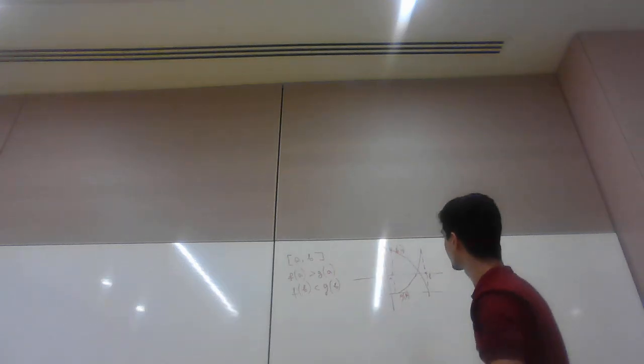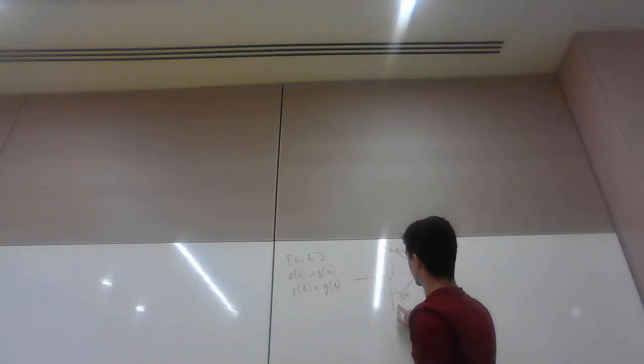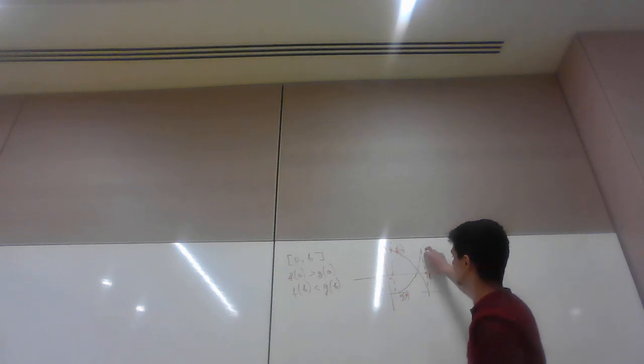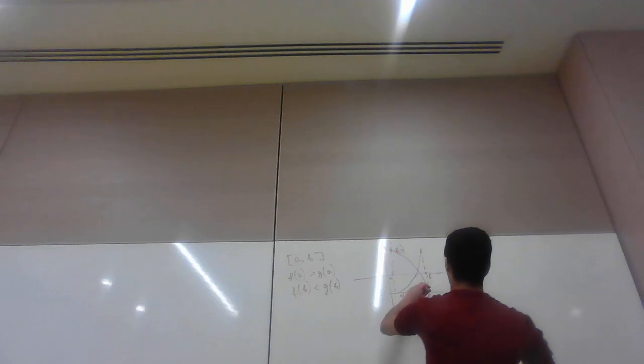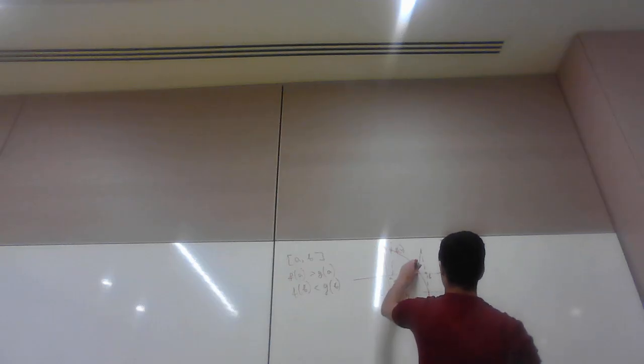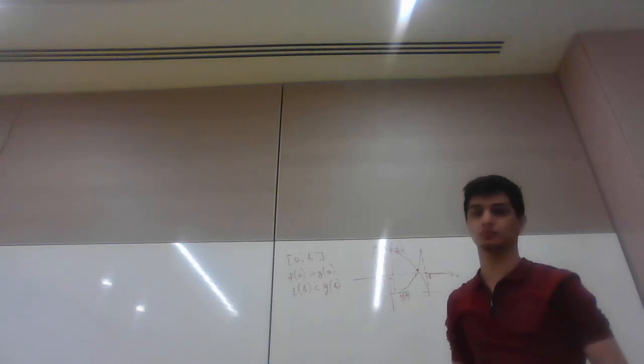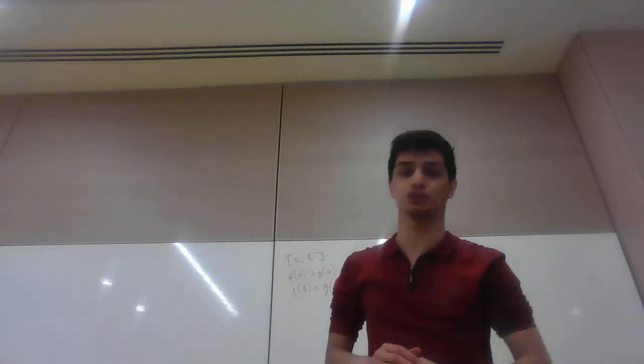As we can see, FA is bigger than GA. This is point A, and GB is bigger than FB. And there is a point where they intersect. It is kind of natural. I don't see any reason to explain this.